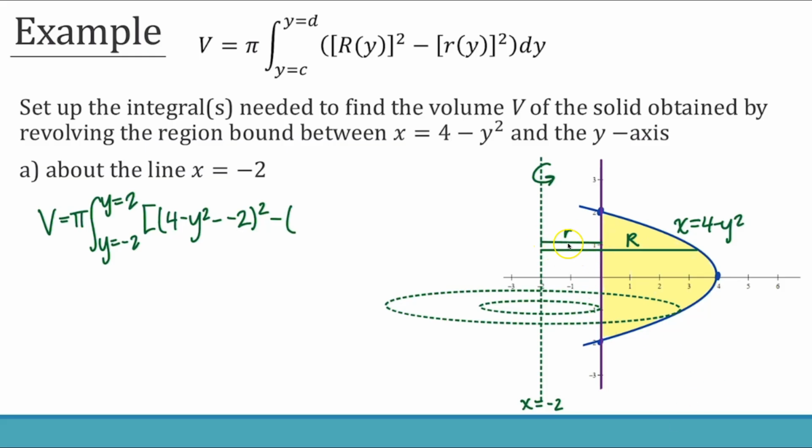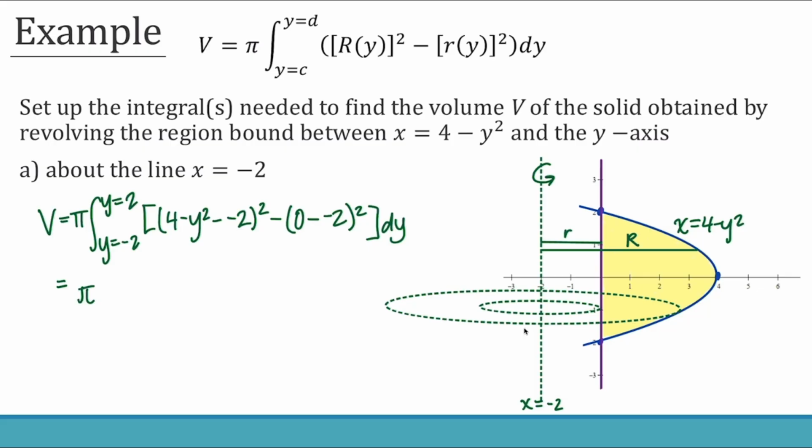So this little radius is always a distance of 2. We can do it formally and say right minus left, because that's 0 minus -2. But we don't have to. We can just understand that that inner radius that's carved out at every single y value is just 2. And then dy. So let's clean it up a little bit.